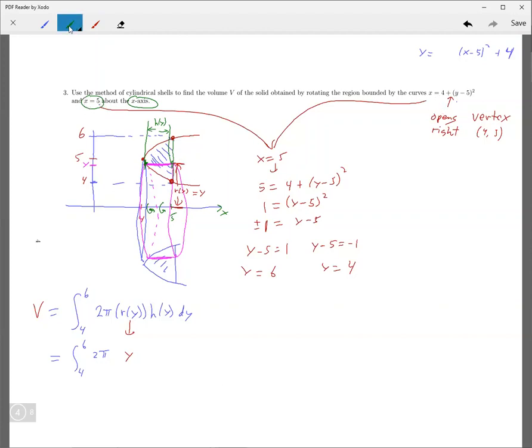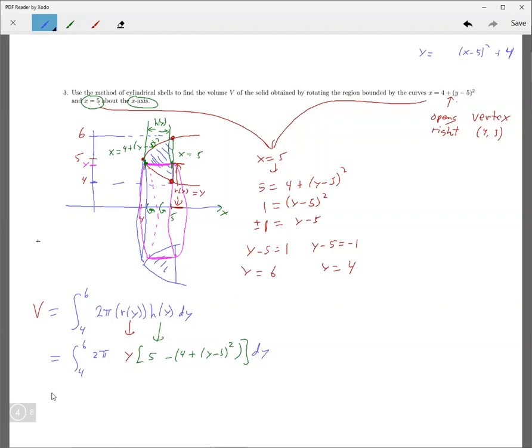Because the right boundary is x equals 5, and the left boundary is x equals 4 plus y minus 5 squared, this distance will be the right boundary minus the left boundary. So the right boundary is 5, the left boundary is 4 plus y minus 5 squared. And then of course we have the dy.